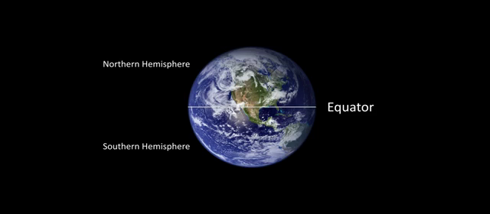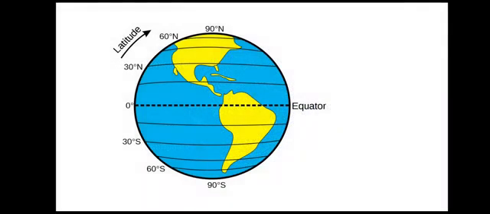Therefore, the equator is an imaginary circular line and is a very important reference point to locate places on the Earth. All parallel circles from east to west are parallels of latitudes. These are measured in degrees.